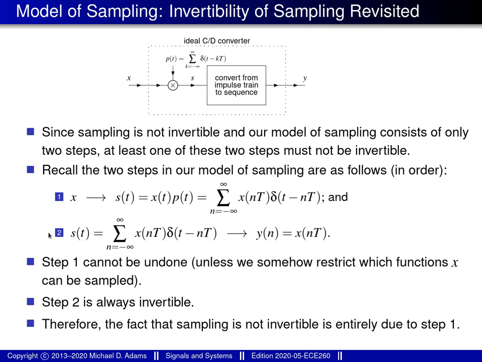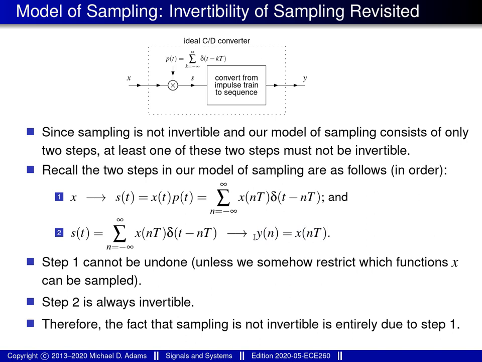Now let's consider the second step in our model of sampling. In other words, let's consider this step here. In this step, we're simply taking the weights of impulses in an impulse train and using them to construct a sequence y. Clearly, we can undo the effects of this operation.